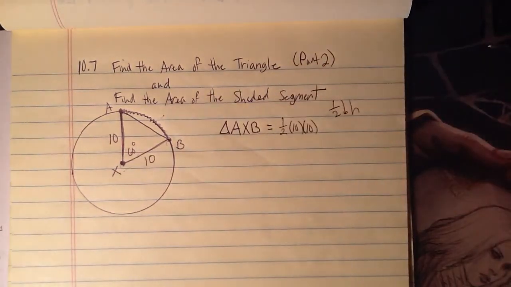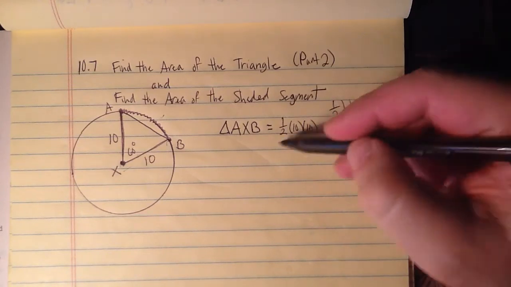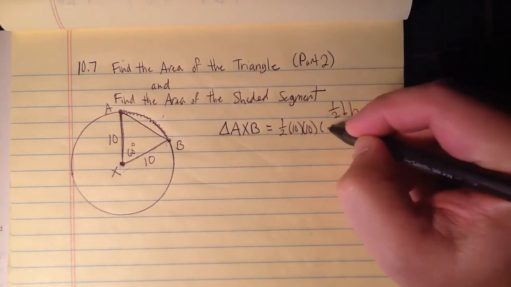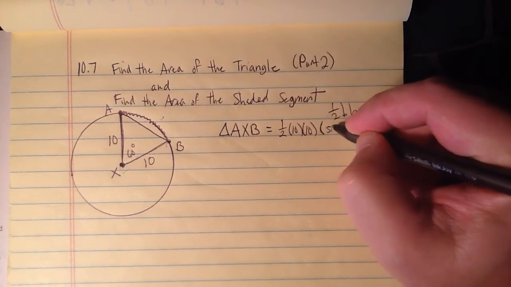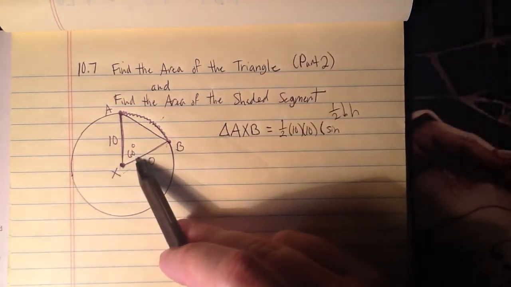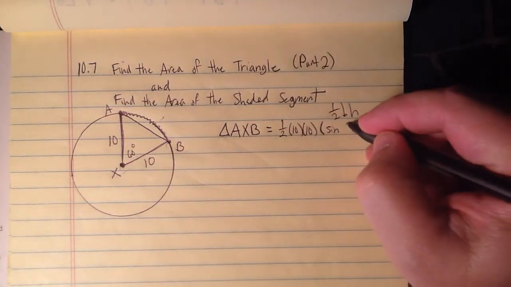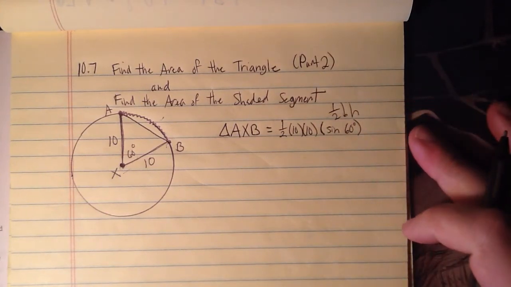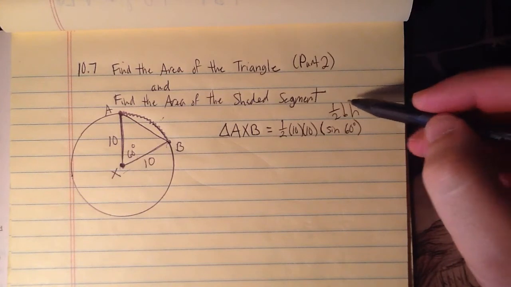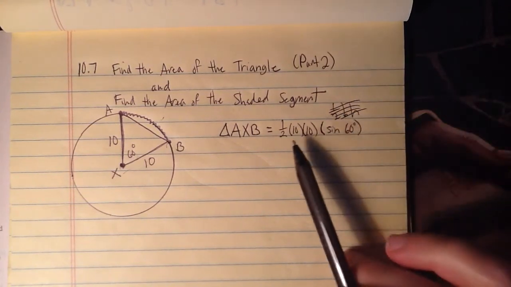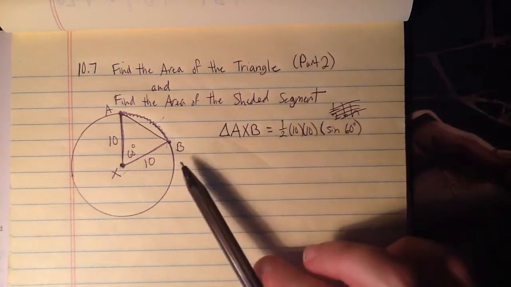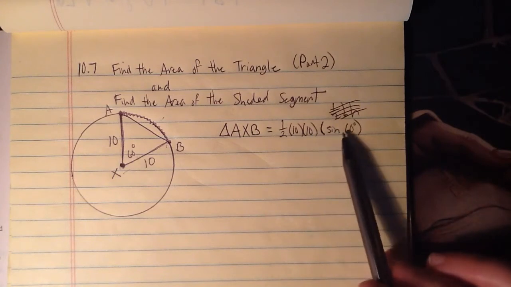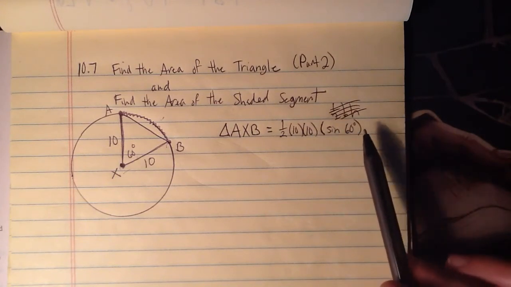But this is where the other part comes in, and it's a little tricky. The third element is the sine of whatever your central angle is, so the sine of 60 degrees. That's the formula you would use to solve for the area of this triangle: 1/2 times 10 times 10 times the sine of 60 degrees.